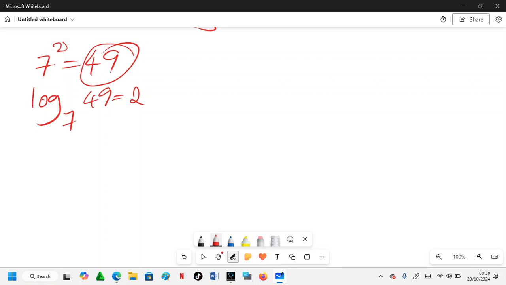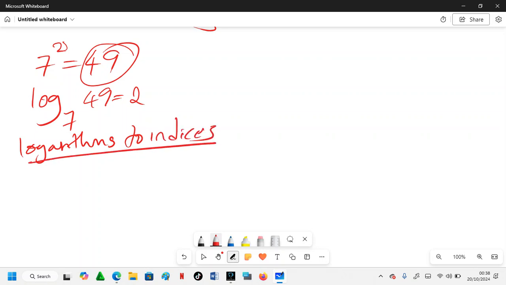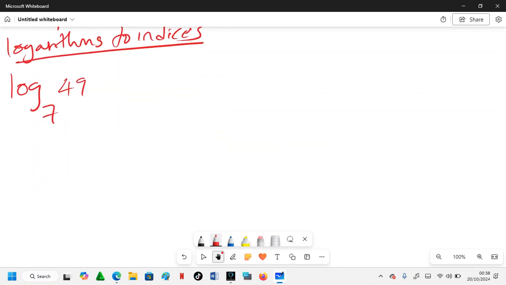And then also, let us revise a little bit of logarithms to indices. It's kind of the opposite of what we have just done. If you have log to base 7 of 49 equal to x, you find x first and then express it in index form.